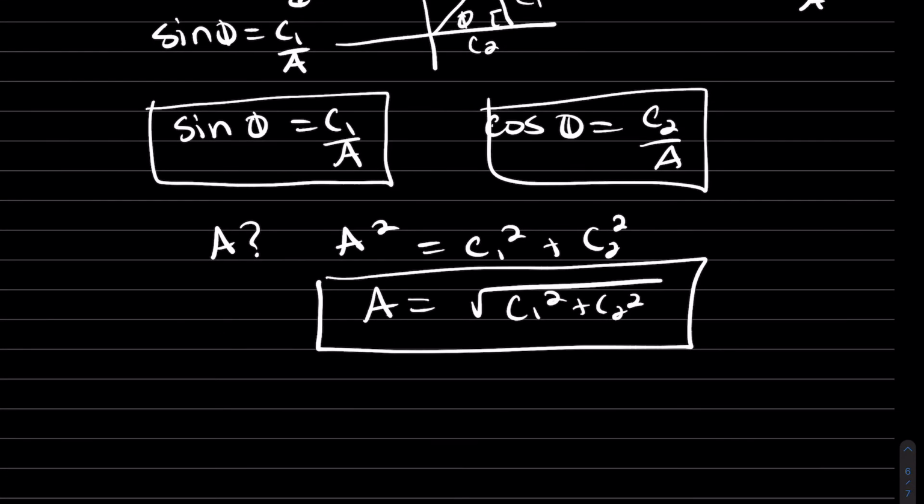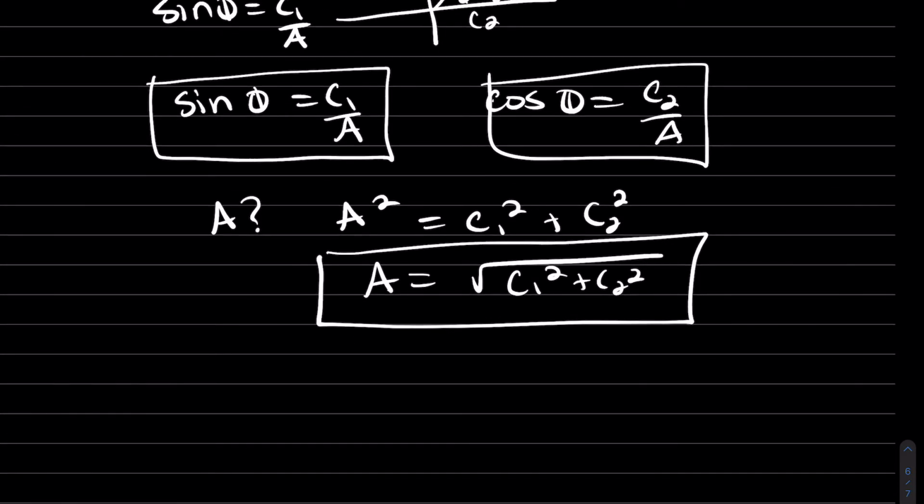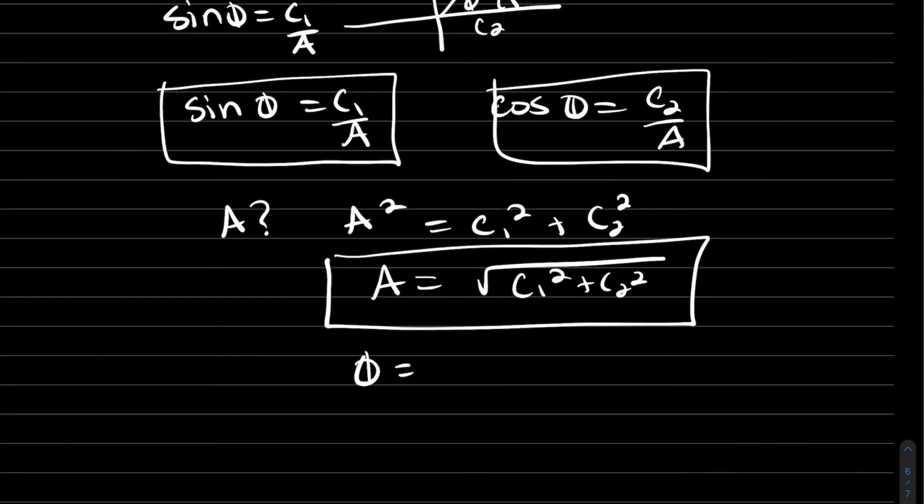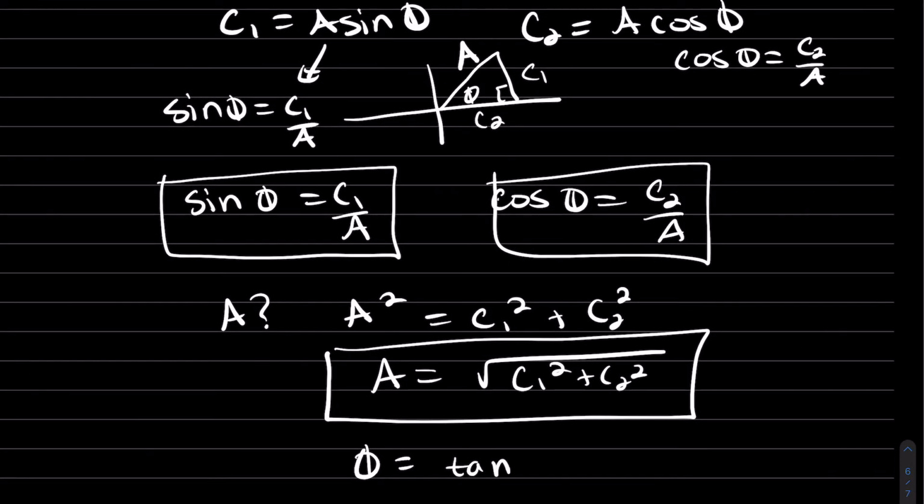Phi, take the inverse of any of them, or we can do, using C1 and C2 would be the best really, because we already have C1, C2, so phi is the tan inverse using our picture. Tan inverse of C1 over C2.